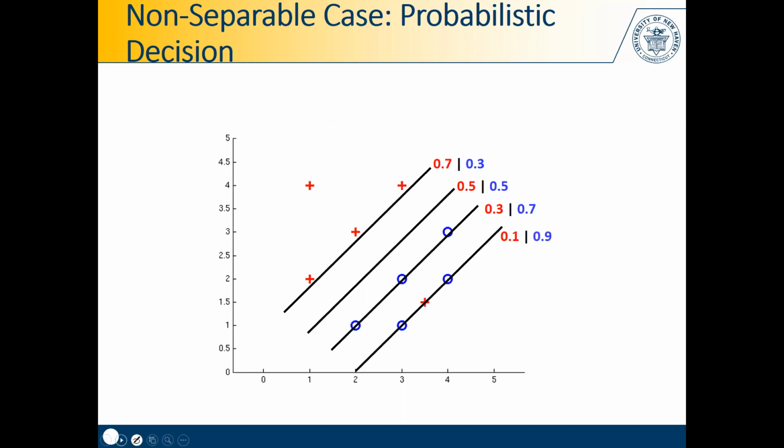Let's look at one more. Everything that falls on this line has 10% chance of being red and 90% chance of being blue. These are examples of probabilistic decision boundaries.